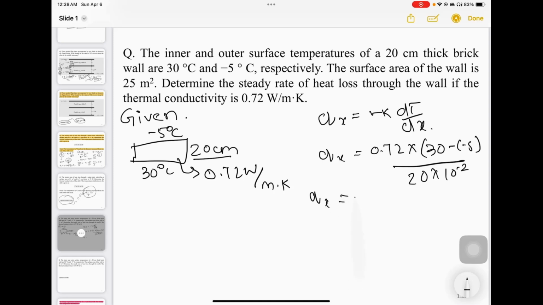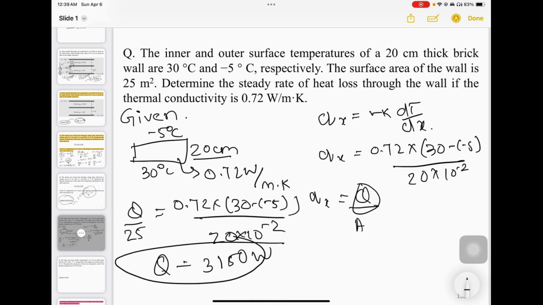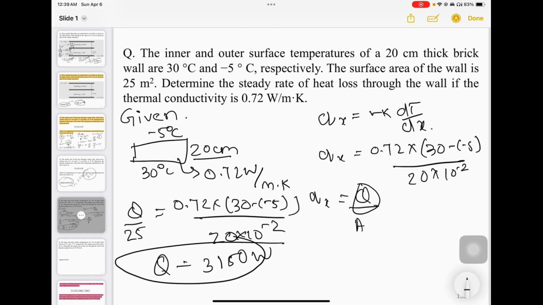So flux comes out to be Q upon area. So Q upon 25 is equal to 0.72 into 30 minus of minus 5 upon 20 into 10 raised to power minus 2. So rate comes out to be 13150 watt. This is our final answer. Let's verify it.